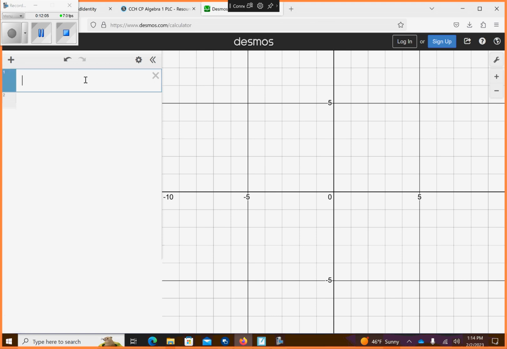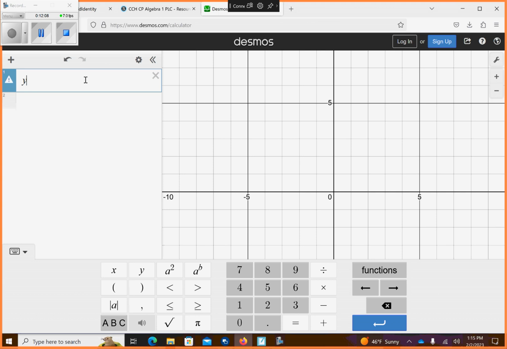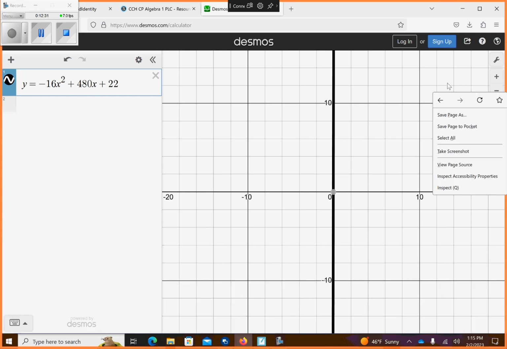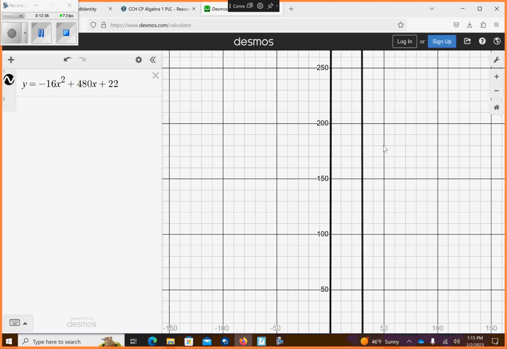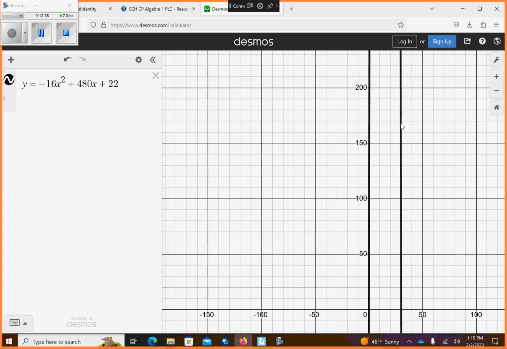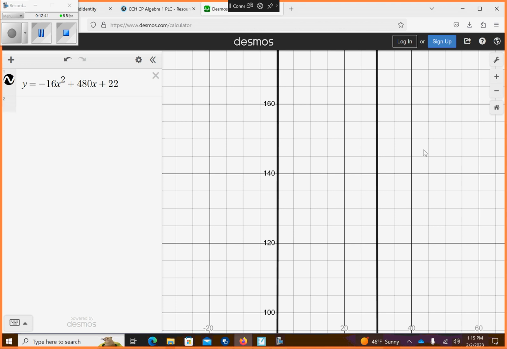Okay. So let's just graph what this looks like, and this should give us some thought. -16, and I'm going to change t to x, make it x squared plus 480x plus 22. And I could probably zoom out on this a little bit and get a better picture of this.